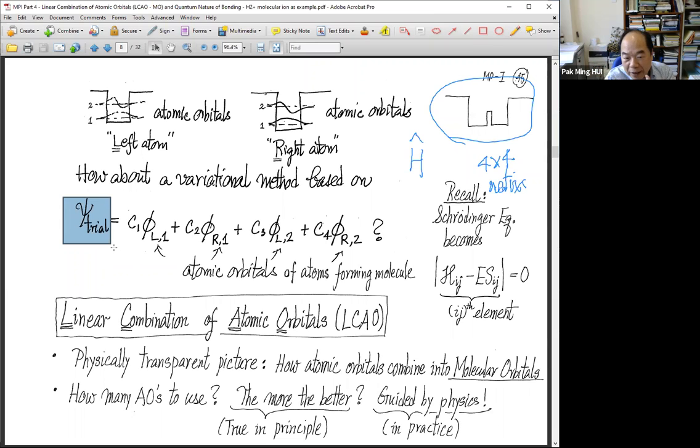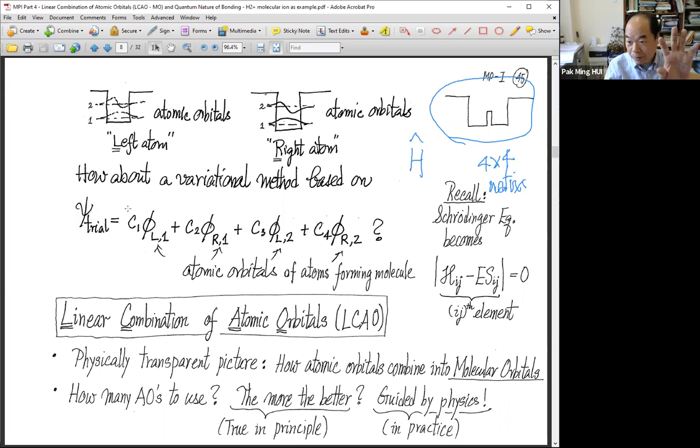This line basically motivated LCAO. Any question? Okay, if not, good, that is LCAO. Now I have many comments to make, but that is the idea.